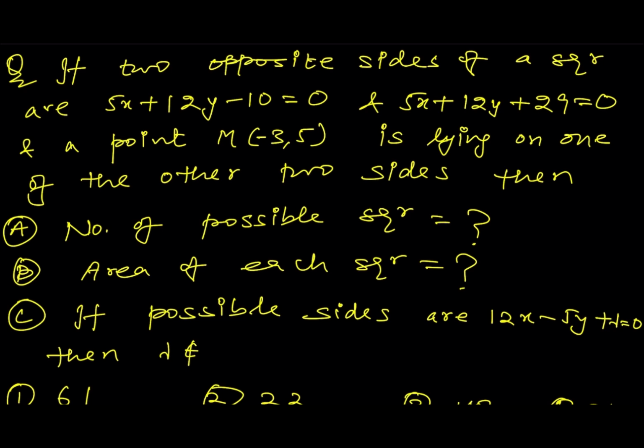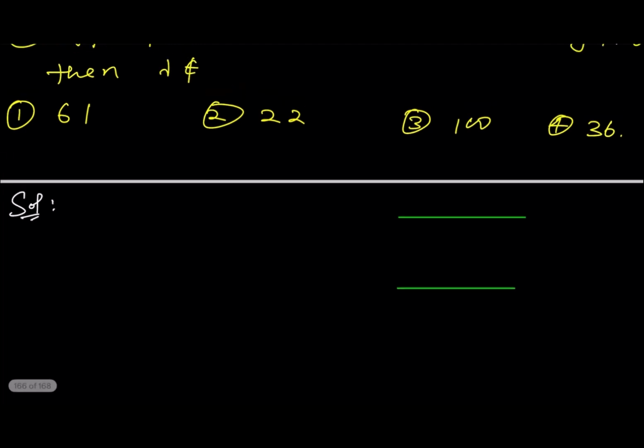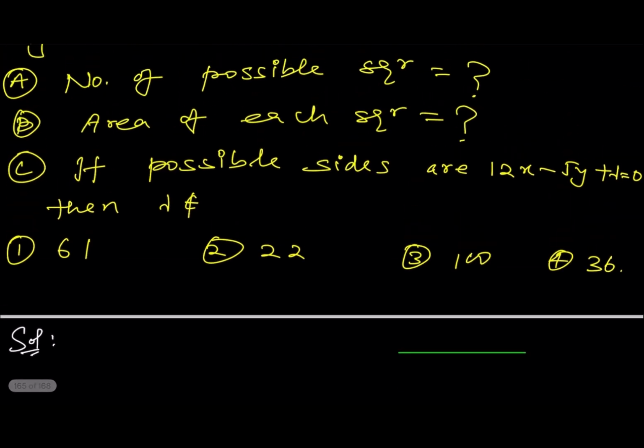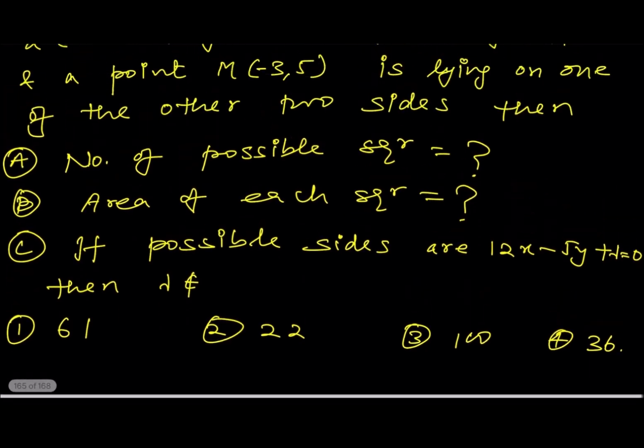Now let's move according to the question. We are given two opposite sides of a square are 5x plus 12y minus 10 is equal to 0 and 5x plus 12y plus 29 is equal to 0. So let us draw the diagram first. Let's say these two opposite sides are represented by the given equations.